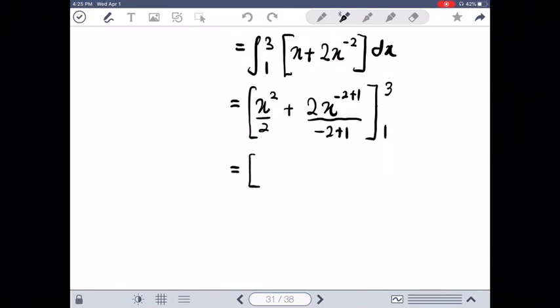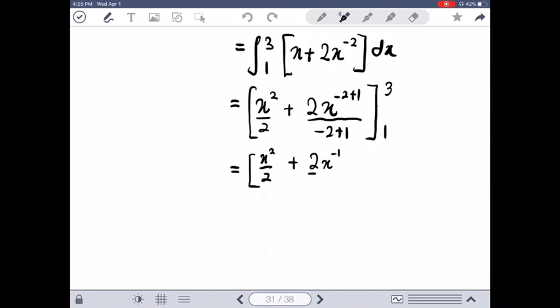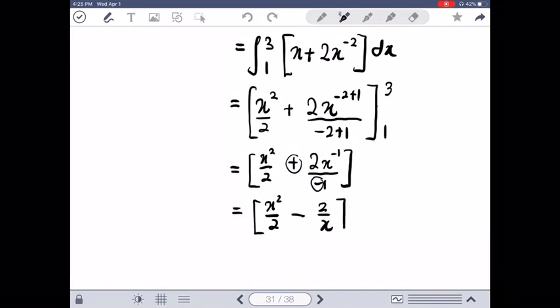Which is just equal to x squared over 2 plus 2 times x to the power of -1 over -1, which is x squared over 2, positive times negative becomes minus 2 over x, from 3 to 1.